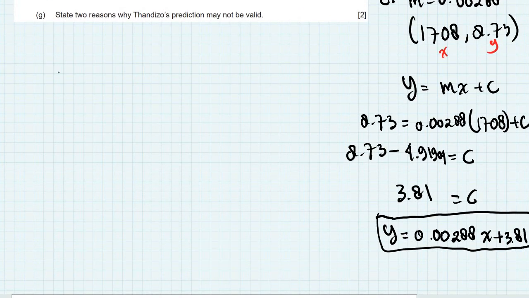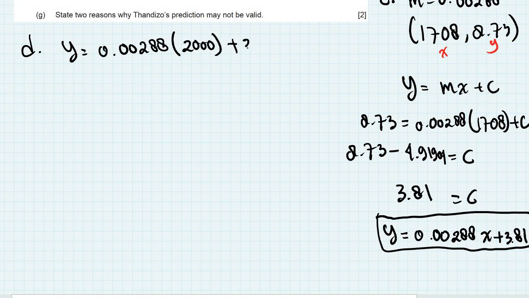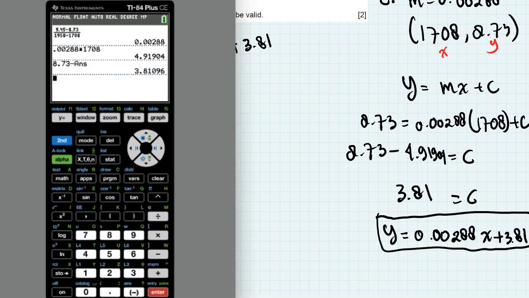What will we have when the x is 2000 for question D? So it means y is equal to 0.00288 times 2000 plus 3.81. So y is equal to, let's input it to our calculator.